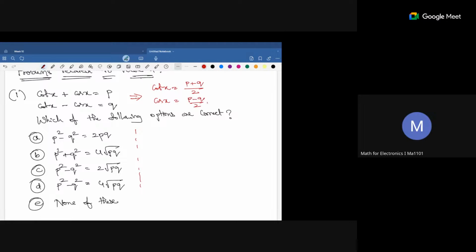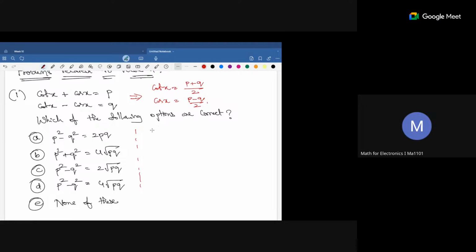Once you reach this point, the question is, which of the following options are true? If you see the question, it is about the connection between p square minus q square and p square plus q square. Those are the things they wanted.